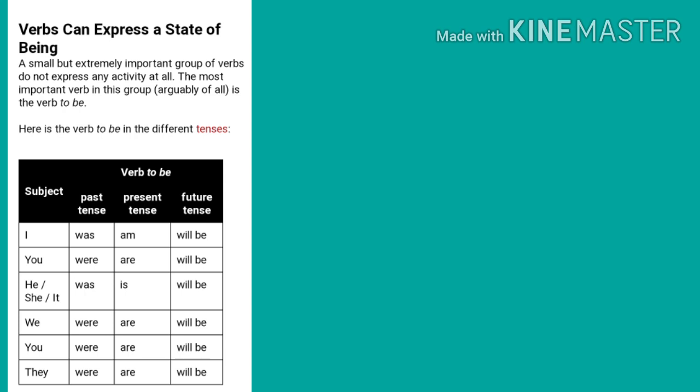You can see in the table the different forms of be. In past tense, be becomes was or were. But in the present tense, be becomes am, are, is. And in the future, it becomes will be.